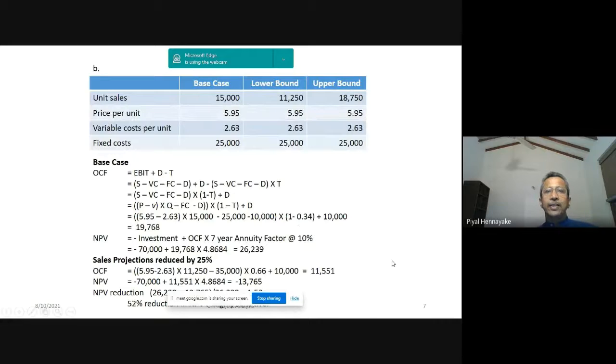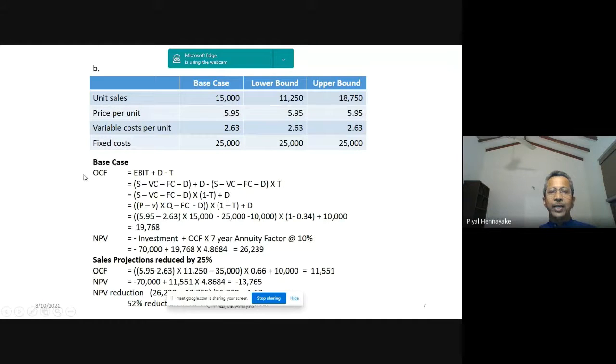So this is the base case, and only the unit sales are changing, you see, because it is sensitivity analysis, right? How sensitive is the NPV to unit sales. That's why we have to do it.